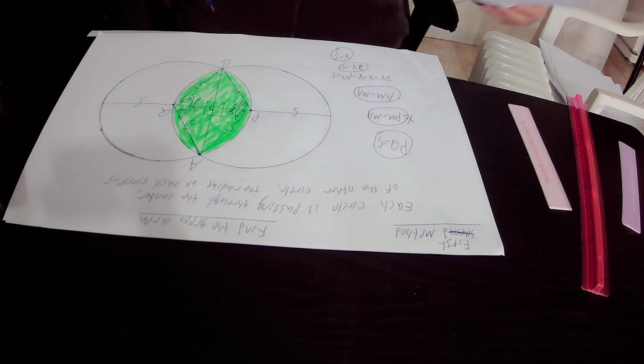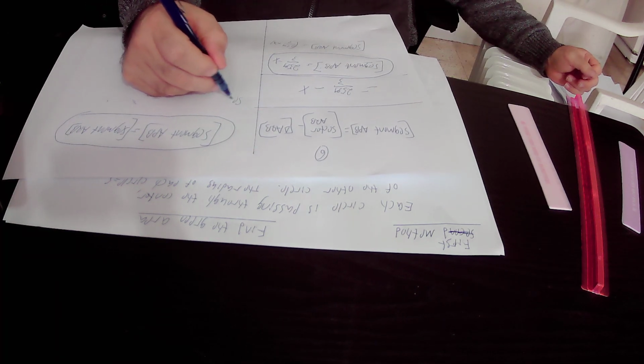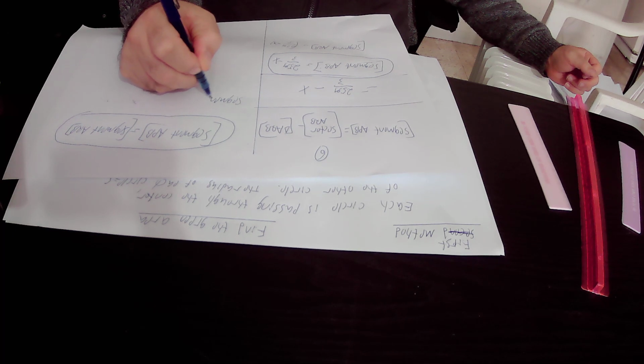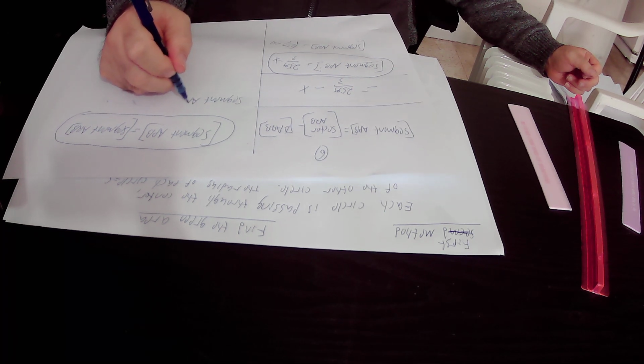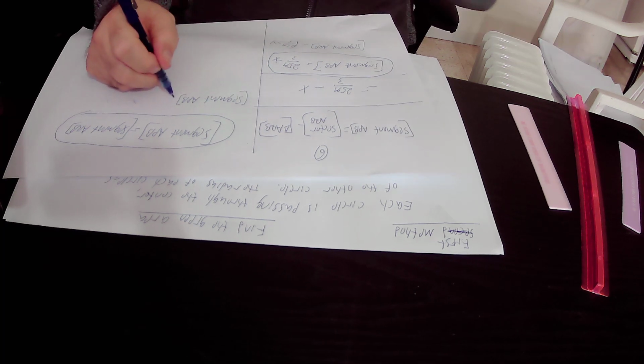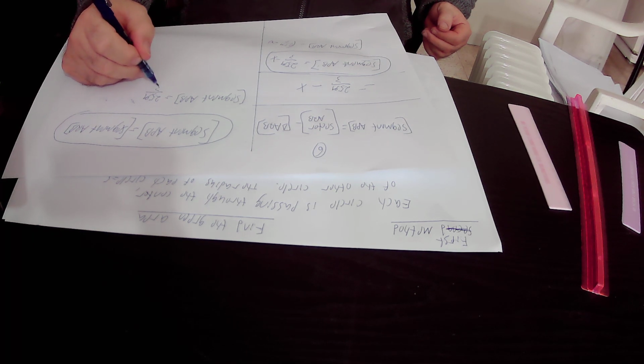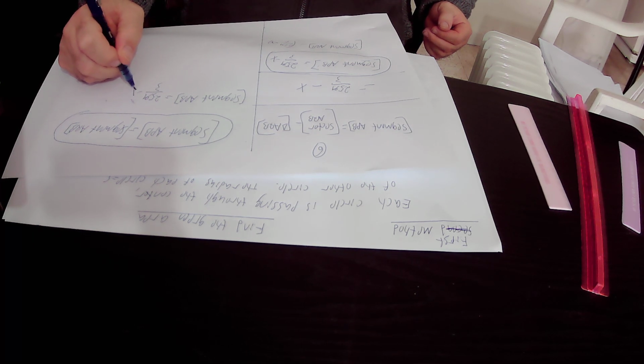So the area of segment APB equals 25 pi over 3 minus x.